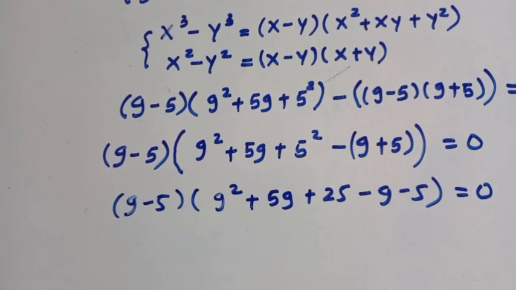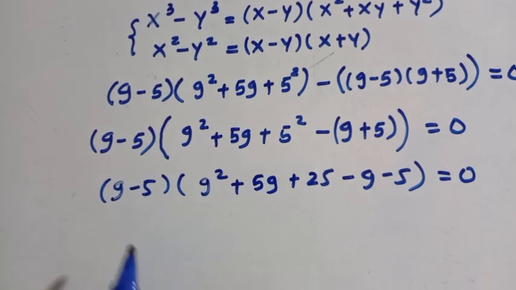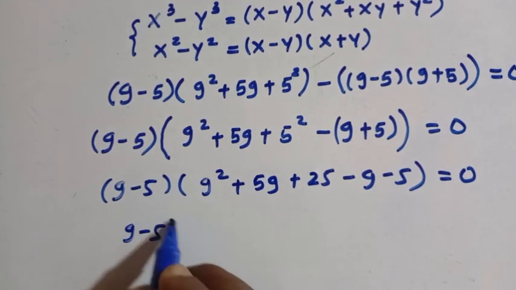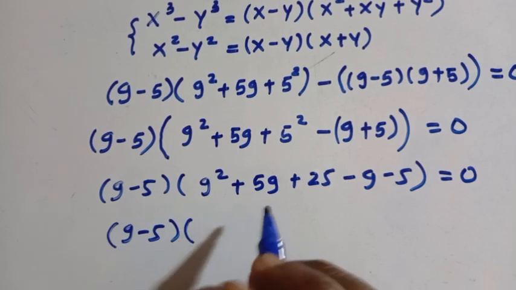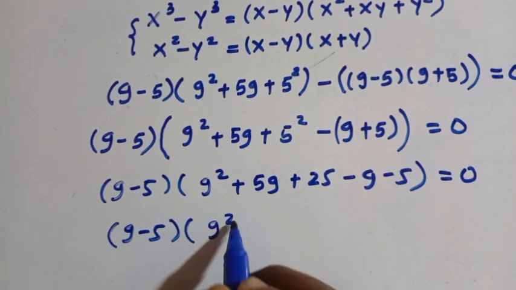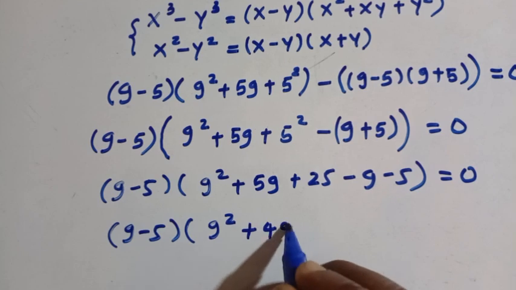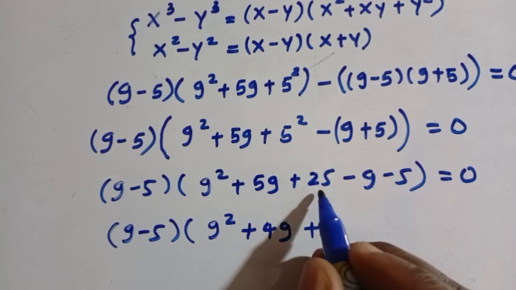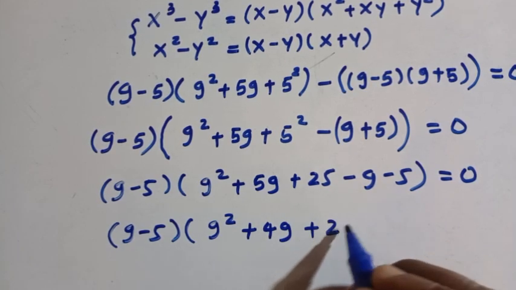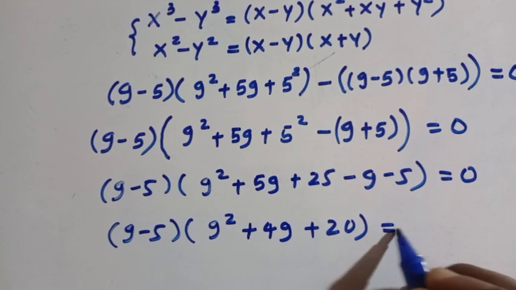And then in the next step, we have g minus 5 multiplied by g squared, so 5g minus g, that is plus 4g plus 25 minus 5, that is 20, equals 0.